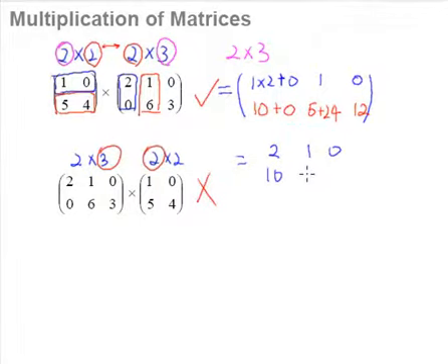Anyway, for this example, we'll have this matrix here as our final answer. As you can see, our final answer has an order of 2 by 3, as indicated by the order of these two matrices in the first place.